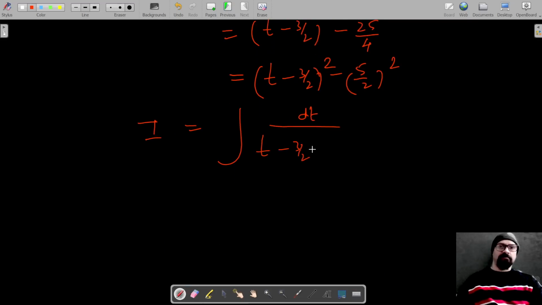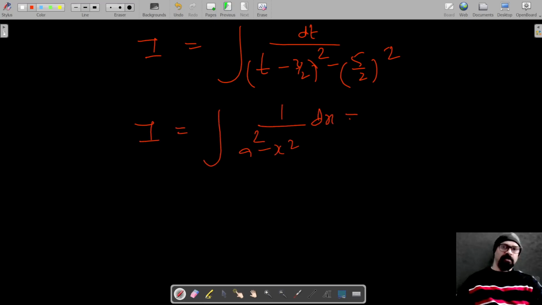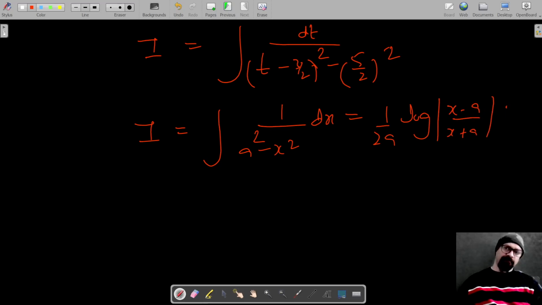3 minus 3 by 2 the whole square minus 5 by 2 the whole square. Okay, now this integration is of the form 1 upon a square minus x square into dx, and this integration should be equal to 1 by 2a into log of modulus of x minus a upon x plus a plus c.